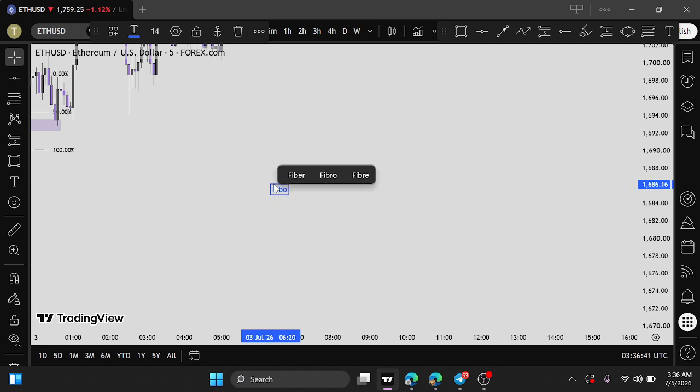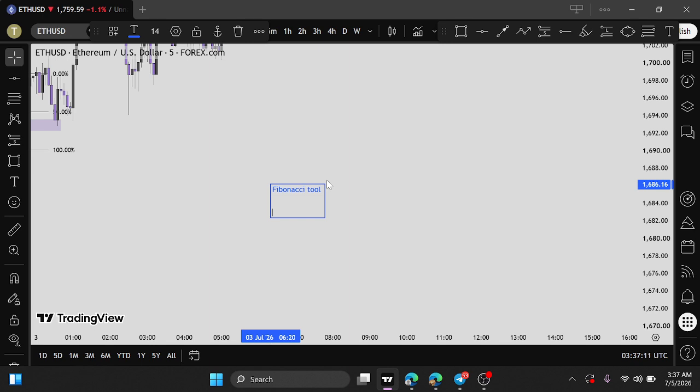Fibonacci tool. Then we talk about how to use it on a liquidity, how to spot it on your liquidity, right? So that you make sure that you're trading with the right liquidity.